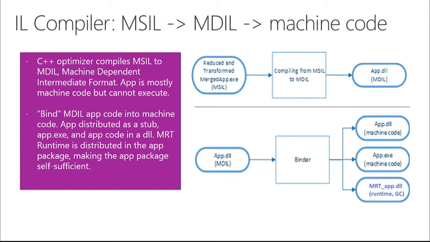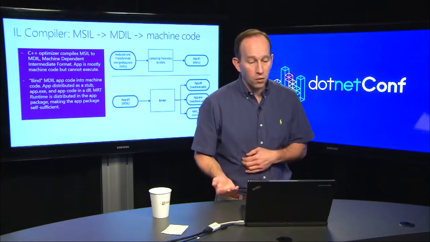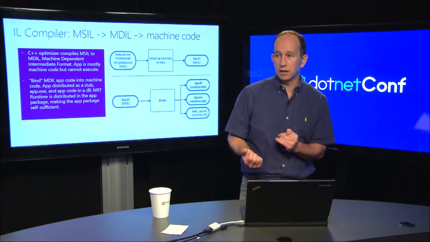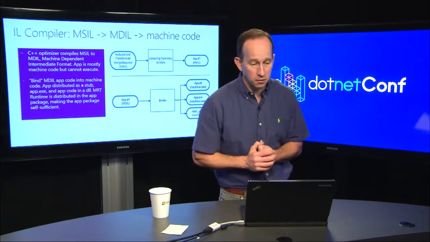So the last step is going from MSIL to MDIL to machine code. So you've got your merged app, and then you compile this into an MDIL app. We are using MDIL from Triton. It was a useful abstraction for us, although it's not a necessary abstraction in .NET Native because we're doing the compilation all the way down to native code.